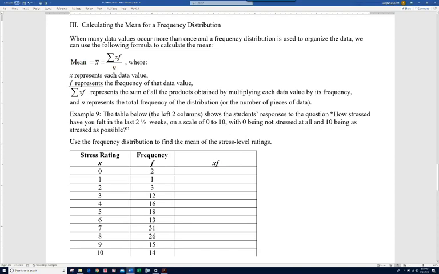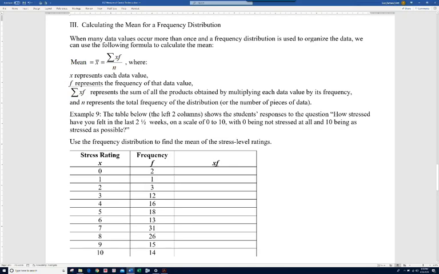The mean, or x bar, is equal to the sum of the xf's, that's where you're multiplying each piece of data by its frequency, and then you're adding those values, and then dividing by the number of pieces of data, which is n. All right, so that's what this is all saying right here.